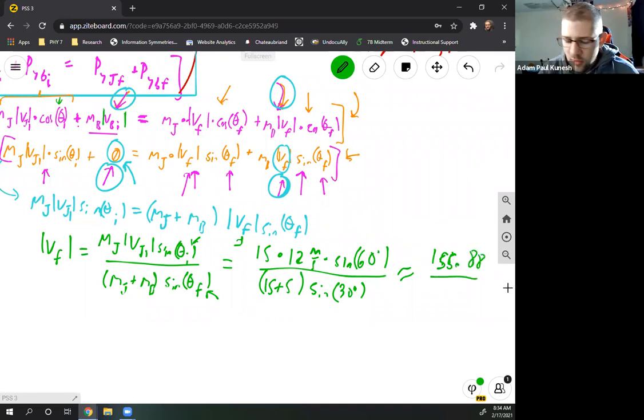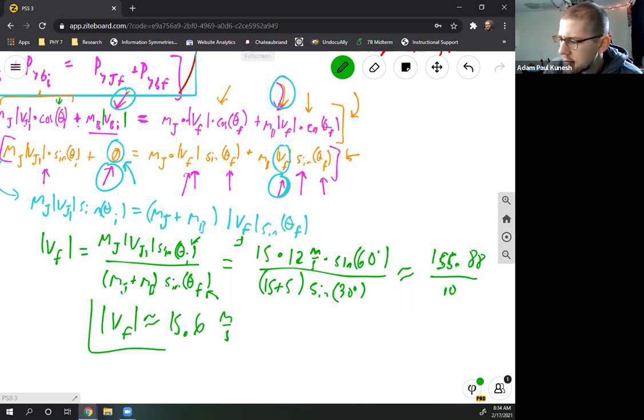And on the bottom, I got 20 sine 30, which is 10. So I've got a final velocity magnitude of around 15.6 meters per second. If anybody happens to have the solution up, let me know if that looks good to you. But I feel okay about it, reasonably confident.